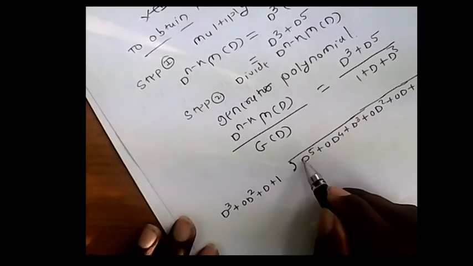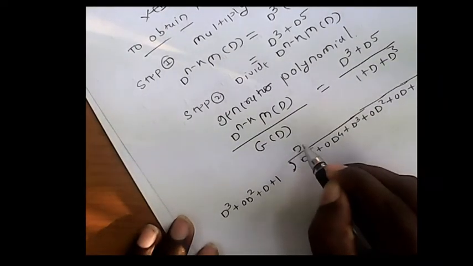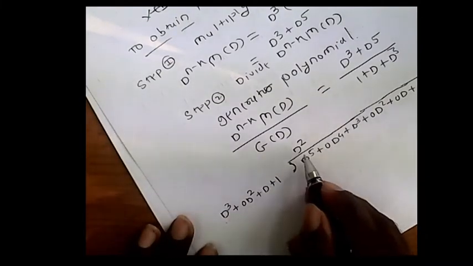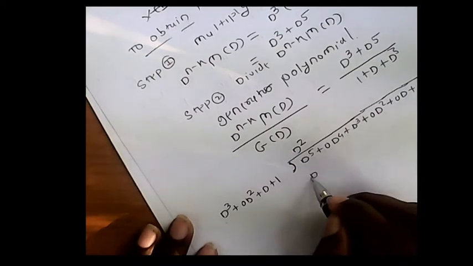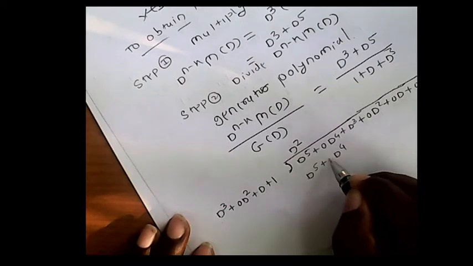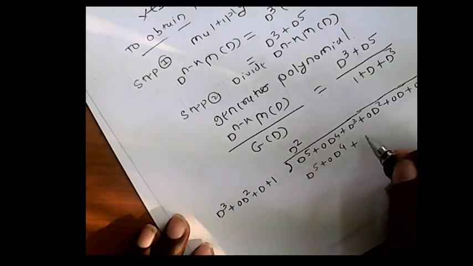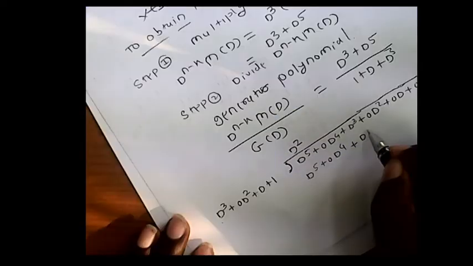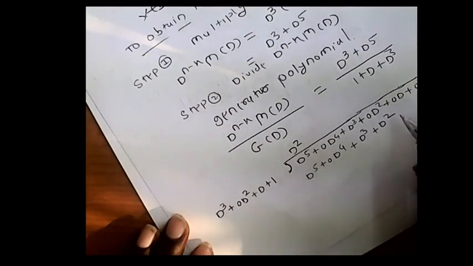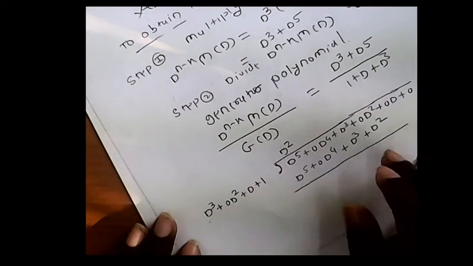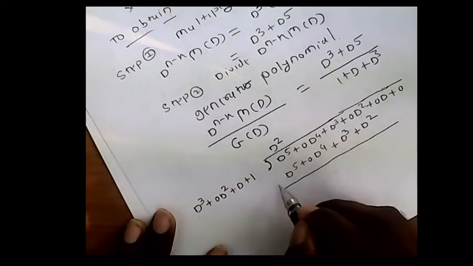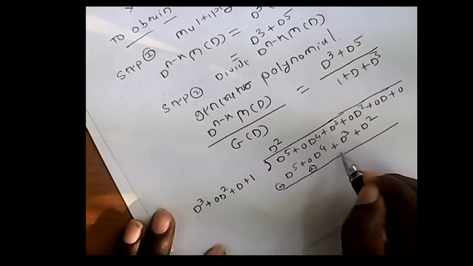Here the power is 5, so we can take d squared in the numerator and multiply each term by this d squared. So we obtain d raised to power 5, then d raised to power 4, then d raised to power 3 and d squared. Here the addition is performed by arithmetic modulo 2 operation, to be remembered.